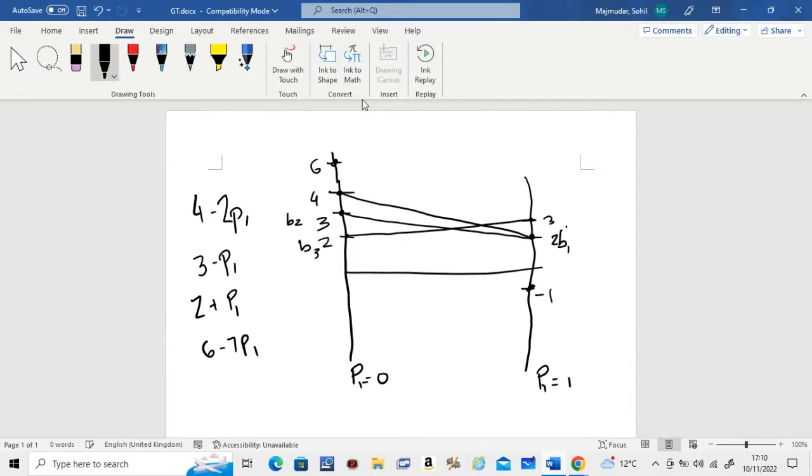Okay, let's do it properly. It should be a straight line, but this is a bit messy because of the pen. So it should be a straight line, and you will see that it goes through this point as well. Okay, so these are the expected payoffs for player A.